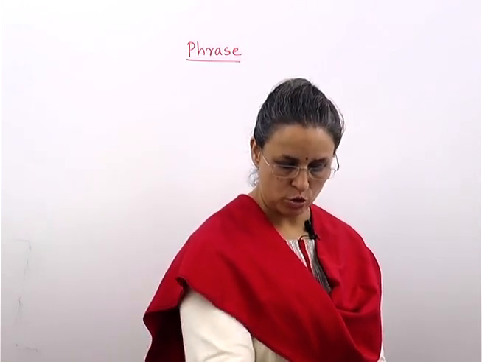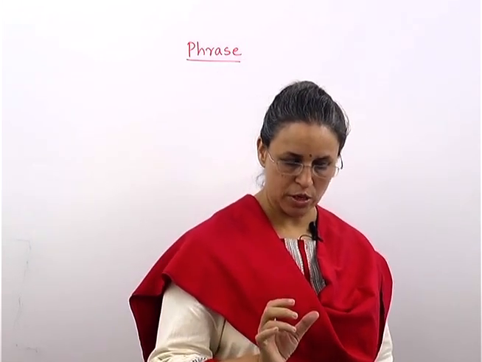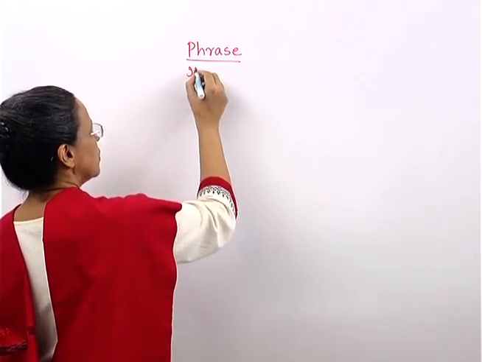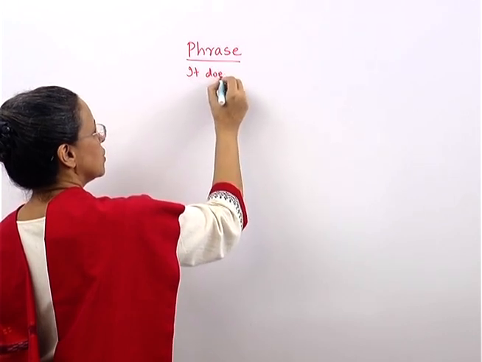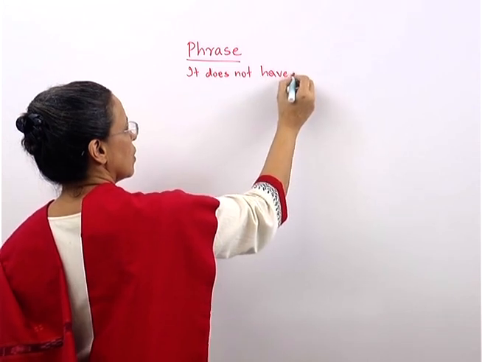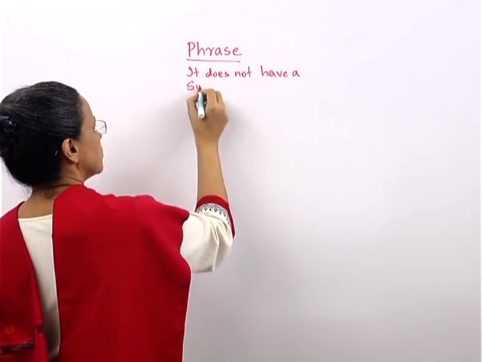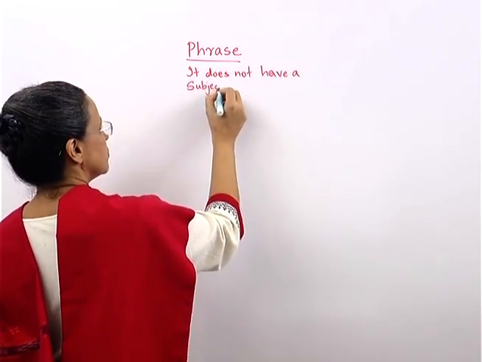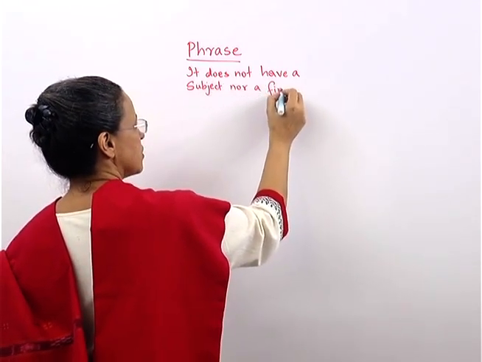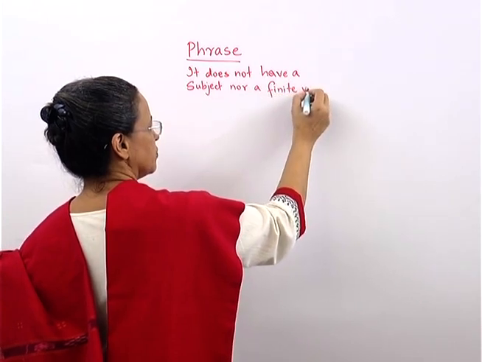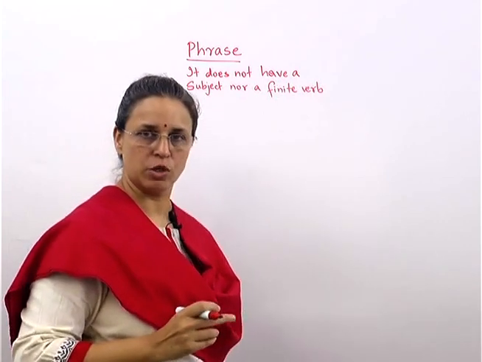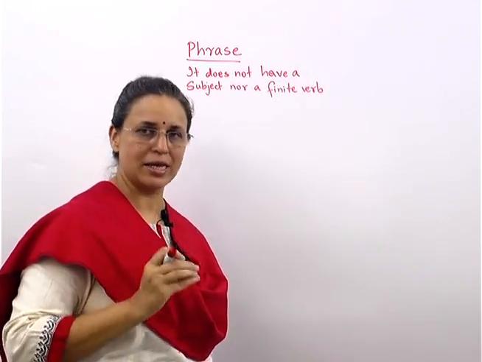They have already given you short, meaningful group of words, but right over there, it does not have a subject nor a finite verb. Suppose you feel, I don't know what the meaning of finite verb is. That means a verb which is in a tense.